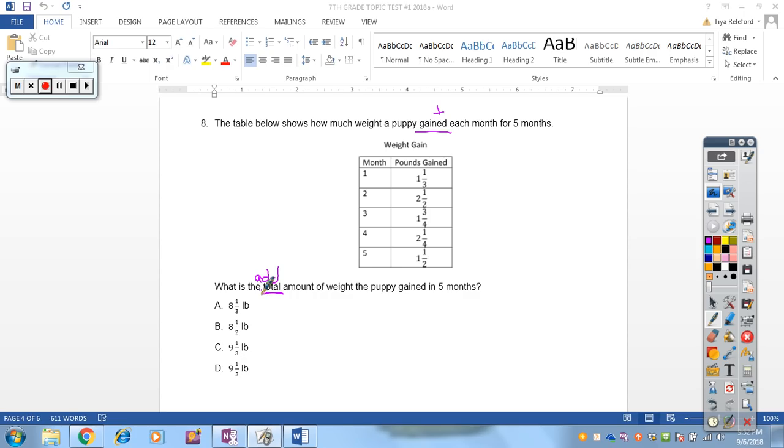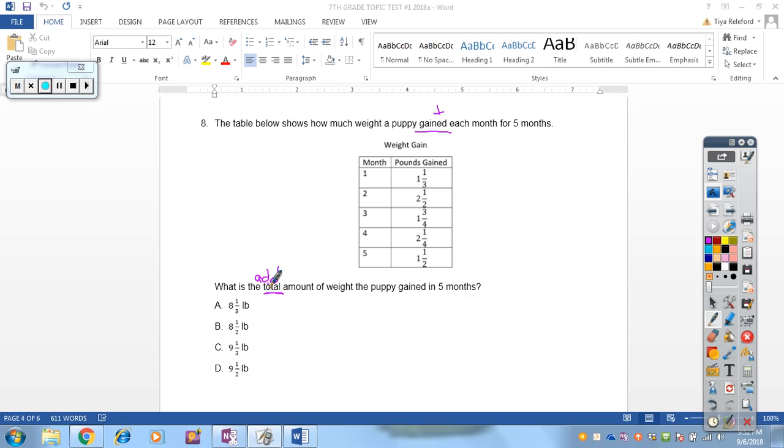So you've got to add all these fractions up. There's a bunch of ways you could do it. If it were me, I would add the common denominators up first, and then I would add them all together.